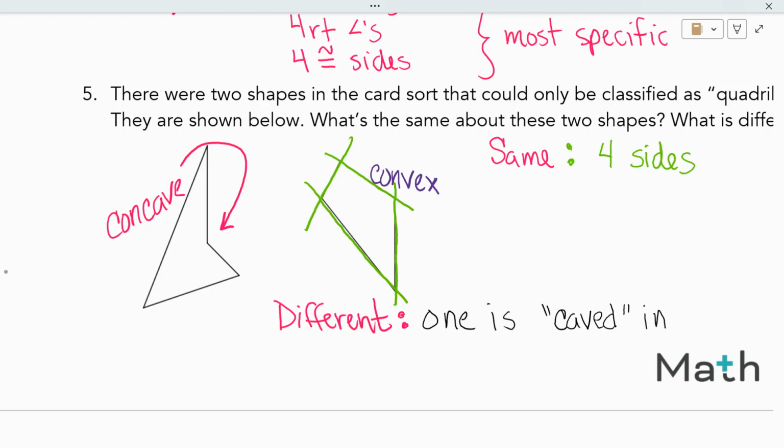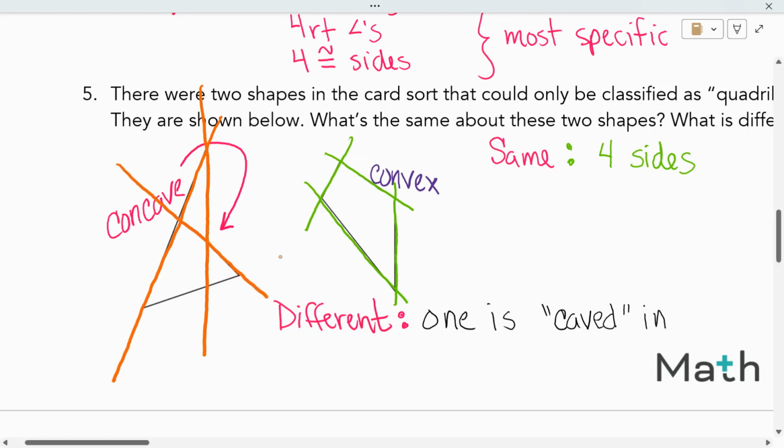What if I were to do that same thing to this? So I'm going to extend this line, and I'm going to extend this segment, and I'm going to extend this segment, and I'm going to extend this segment. What do you notice? Well, when I extend the segments, they actually go through the shape.